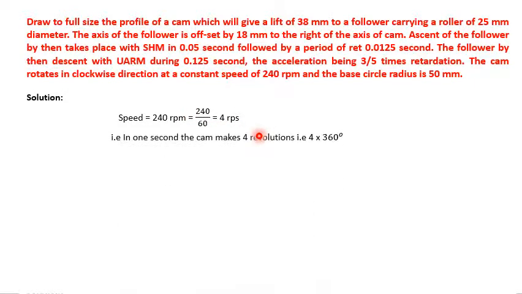Next, what does it mean? Revolution per second means that in 1 second the cam makes 4 revolutions. One complete circle, or base circle of the cam, is 360 degrees. So we have to multiply 360 into 4.